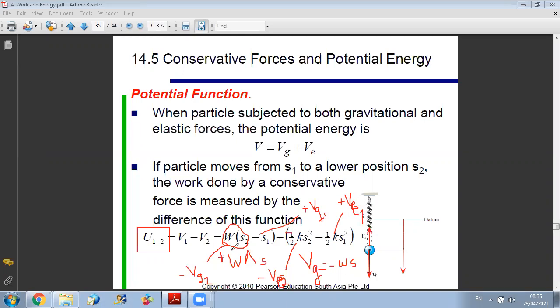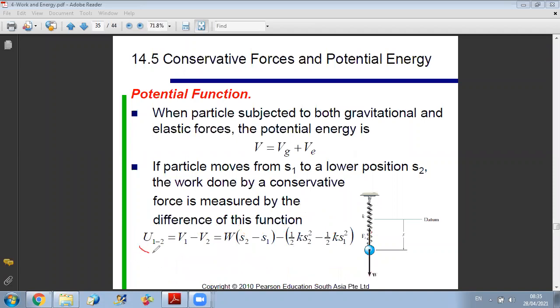We can deduce that the work can be replaced by the total potential at state 1, which includes gravitational and elastic, minus the total potential at state 2. Okay? So we can express the work in case we have conservative forces. Another way to express the work is to say that the work of forces can be replaced by the variation in potential energy.